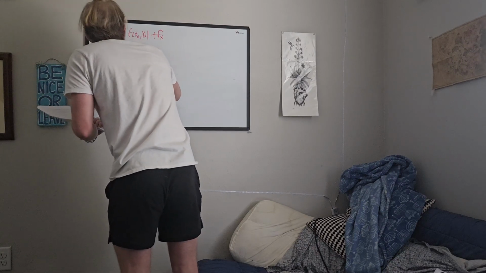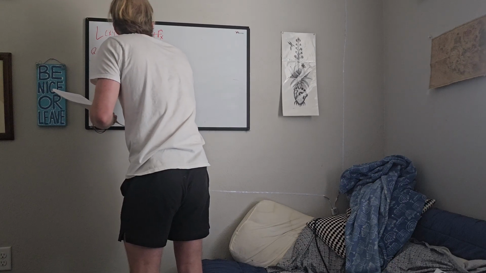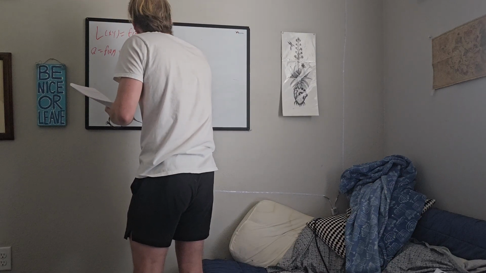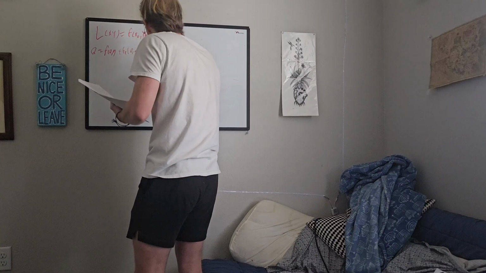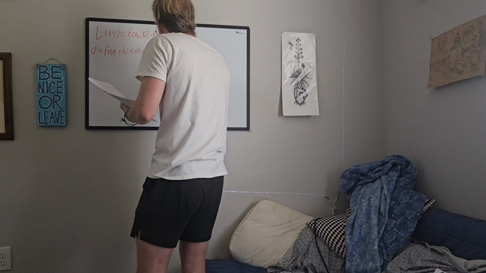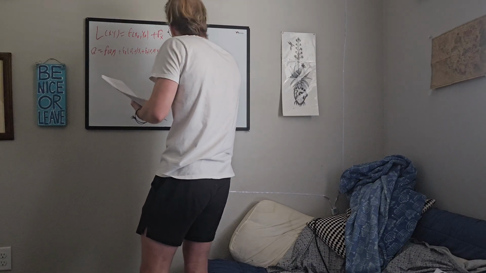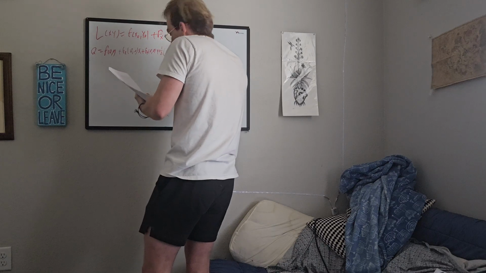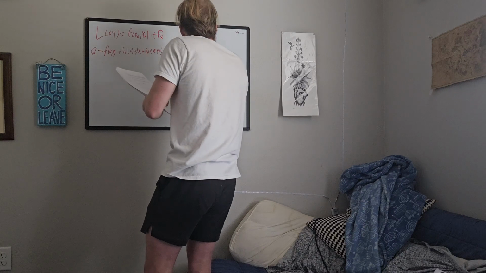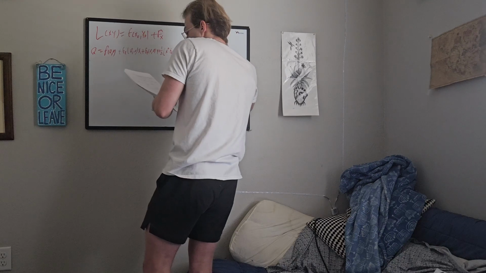Gotta write small. f of x, y at 0, 0 times x, plus f_y at 0, 0 times y, plus 1/2 times the first thing, which is x squared f_xx at 0, 0, plus 2xy f_xy at 0, 0, plus y squared f_yy.